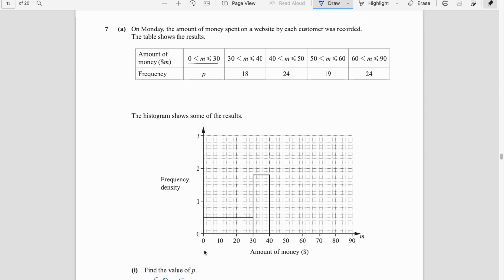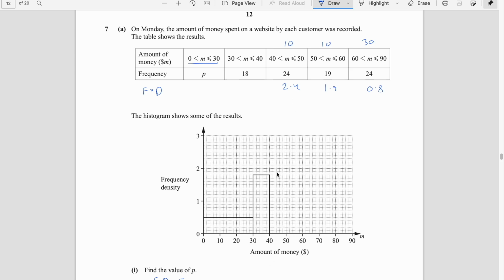Complete the histogram. So let's write the class widths. This is 10, this is 10, this is 30. Now frequency density is frequency divided by class width. So 2.4, 1.9, and 2.4 by 30 is 0.8. So from 40 to 50 is 2.4.